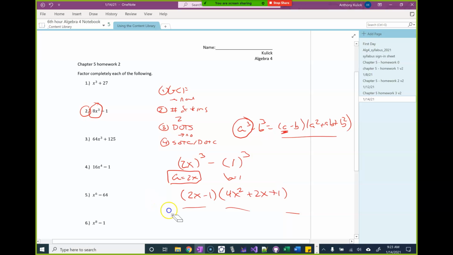The trinomial piece came from the sum or difference of two cubes, right? The trinomial pieces that come from the sum or difference of two cubes will never be factorable. So I don't have to actually check that piece either. I know I've done all the factoring that's possible. So this would be my final answer.